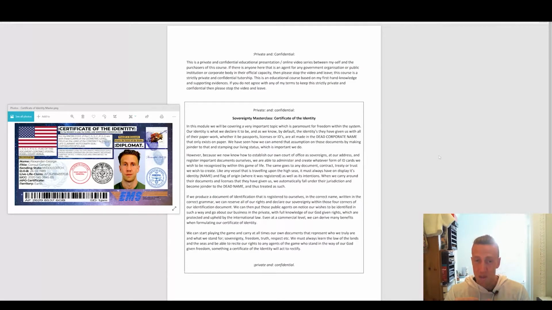Now, if we produce a document of identification that is registered to ourselves in the correct name, written in the correct grammar, as you can see here, we can reserve all of our rights and declare our sovereignty within those four corners of our identification document. We can then put those public agents on notice of our wishes to be identified in such a way and go about our business in private, in full knowledge of our God-given rights, which are protected and upheld by international law.